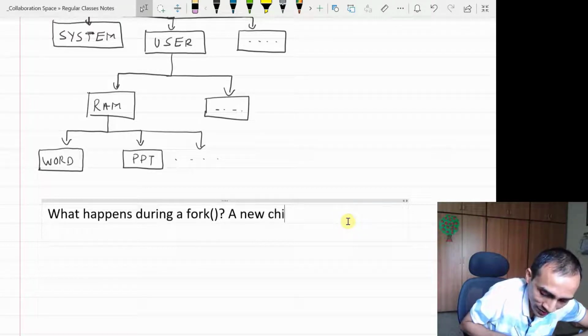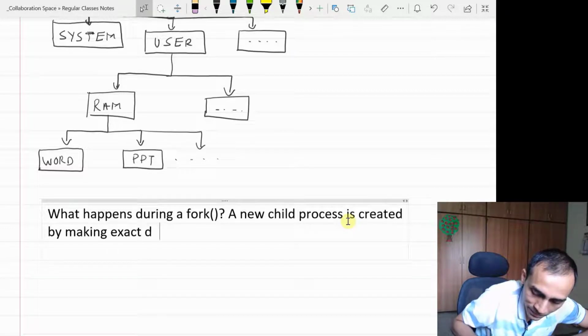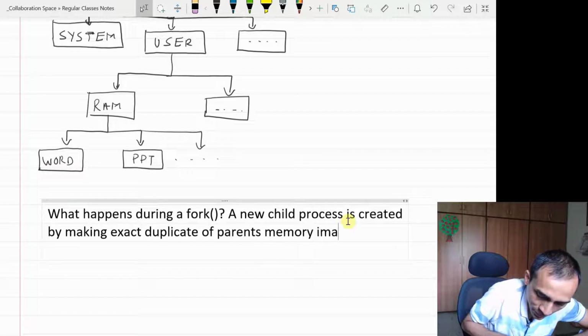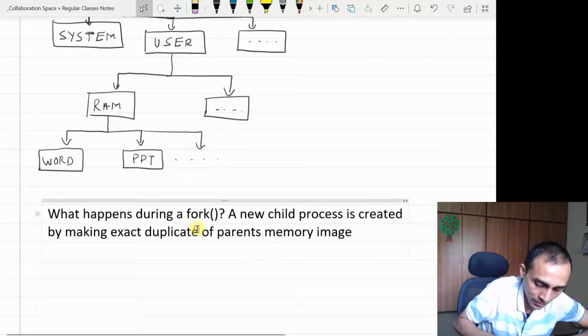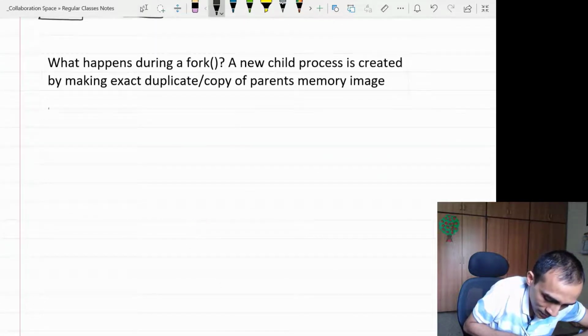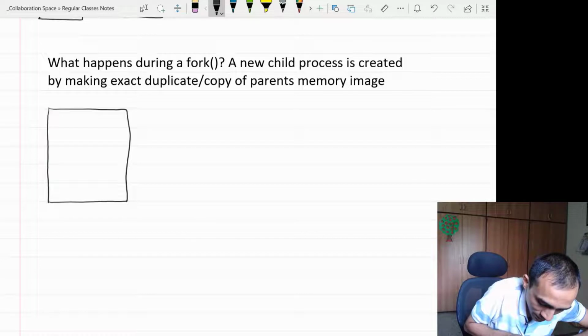The new child process that it creates is made by making an exact duplicate of the parent's memory image. What this basically means: let us say you have a RAM. Normally the OS memory resides in the beginning, and let us say a process P1 is residing somewhere, taking some memory, let us say 100 kilobytes.